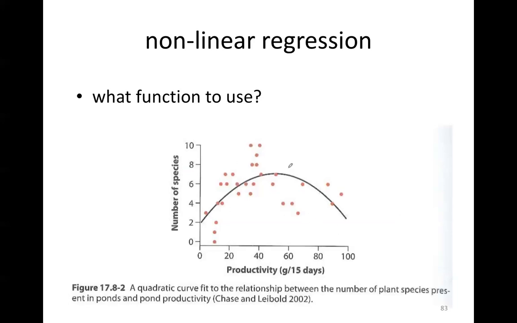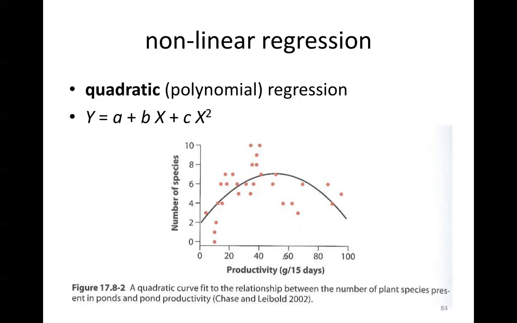Many functions have this type of quadratic relationship, and you could then use quadratic or polynomial regression. You could also add more terms, of course. Again, here we're explaining the data with just three coefficients, a model with just three parameters. It's a bit more complicated than linear, but it could be good enough.